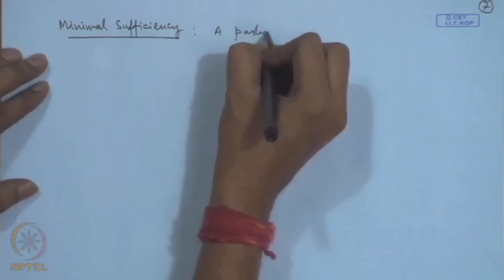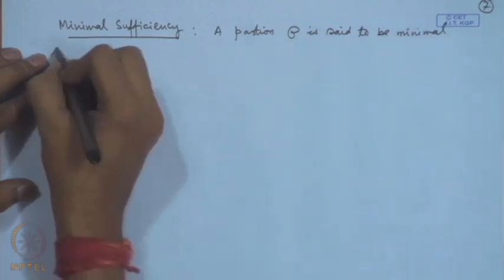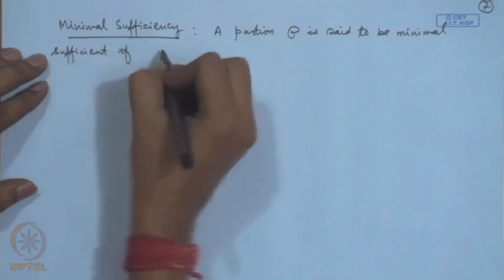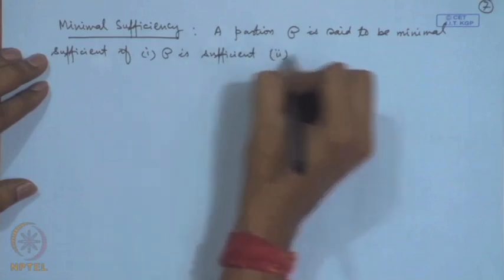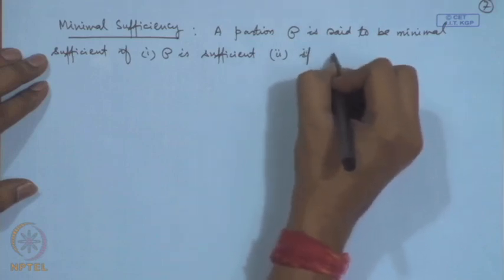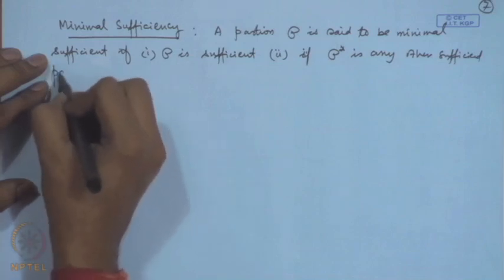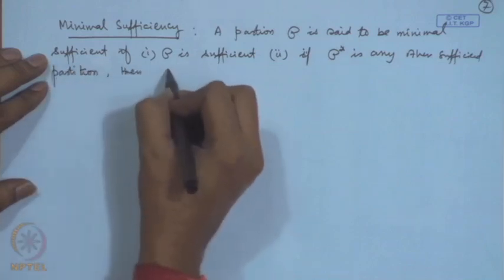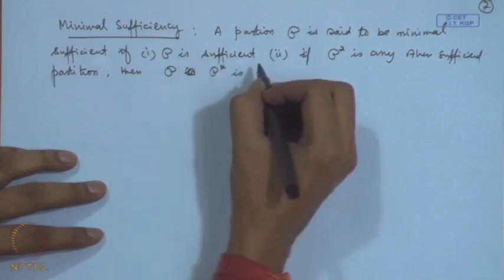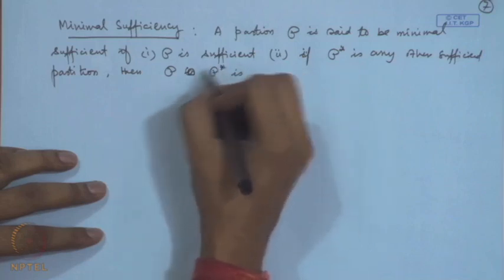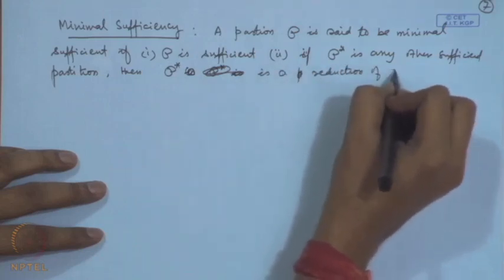So, a partition, say P, is said to be minimal sufficient if this is sufficient, and second, if P star is any other sufficient partition, then P star is a reduction of P.